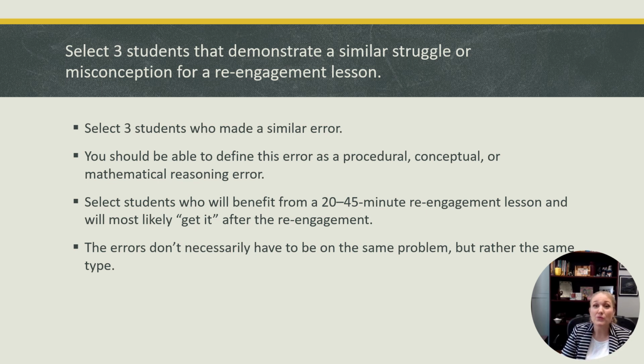But they're not the ones that you're focusing on for this re-engagement lesson, because the ones you want are the ones that are right there on the bubble that almost get it, but there's just one little component that they're missing. The errors don't necessarily have to be on the same problem. They could be, but you're really looking more at the type of error that occurred.